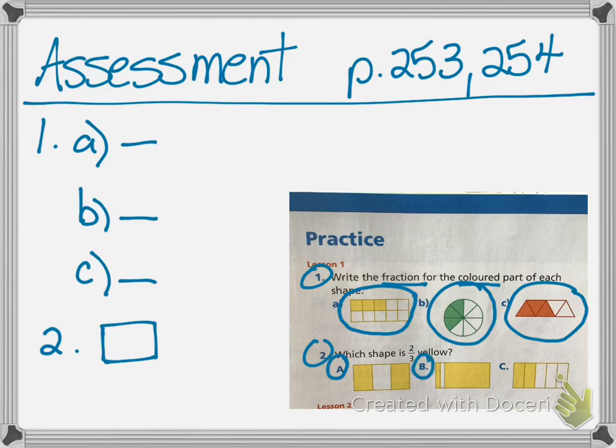Is B 2/3? Or is C 2/3? Which one means 2/3? So only one of them is right, 2 of them are wrong. And let's say it's letter C that is the right one, then you would put C in there if that's the one that means 2/3. But I'm just guessing. I'm not telling you what the answer is. Okay? Pause until you have your letter chosen.